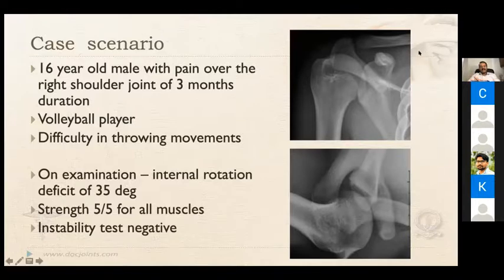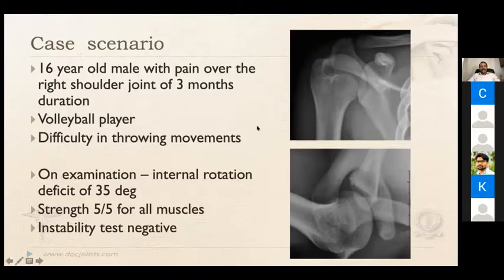Scapular Y view, or you could call it the outlet view. You just need to see the outlet, the superior aspect. For rotator cuff in an older patient, you can do an outlet view also. Scapular Y and outlet are exactly the same; only the inferior part of the scapula is seen in a Y view.